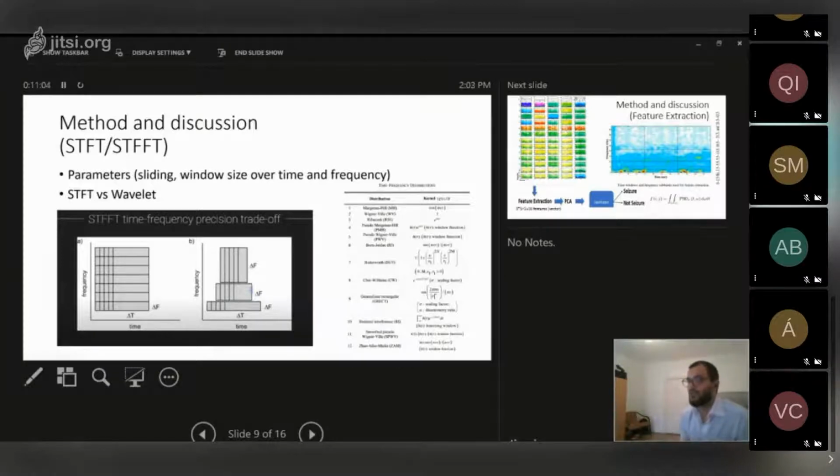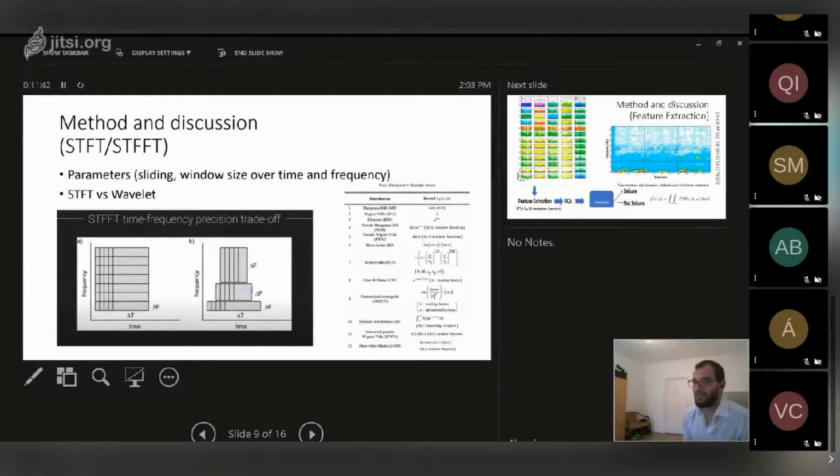If our window size goes up, then the temporal precision goes down, but the frequency resolution goes up, because the color would be clearer as there are more frequencies. But if our window decreases, then temporal precision goes up, but the frequency resolution goes down, because there are few frequencies and not very clear color.